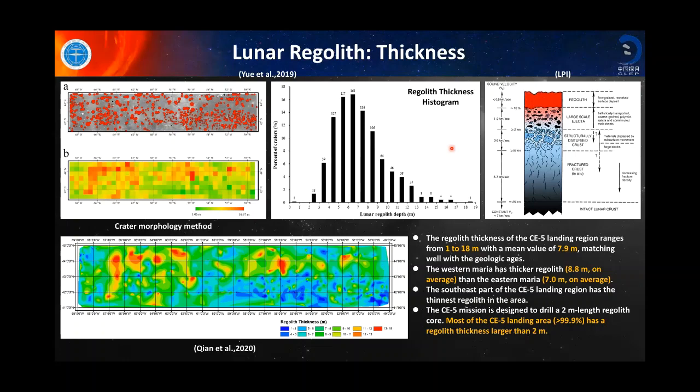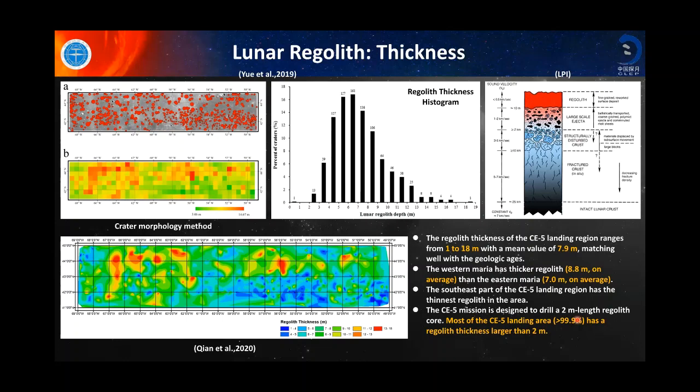And the western mare has thicker regolith than the eastern mare, which corresponds well with their geological age, because the western mare is Imbrian age and the eastern mare is Eratosthenian age. And the thinnest regolith is located in the southeast part of the Chang'e-5 landing region. For the 2 meter limit, over 99% of the regolith here is thicker than 2 meters.